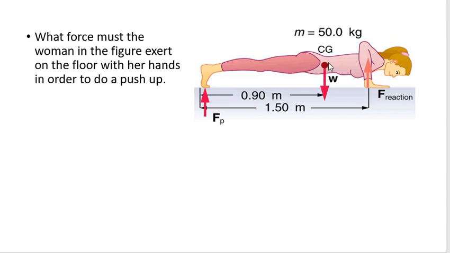You have here the center of gravity, or the weight, that's the mass times the acceleration due to gravity. This is the force that the woman has to exert, so you have to solve for that. Consider the feet as the axis of rotation, so you have to get the distance from this point. Solve for the force exerted by the woman.